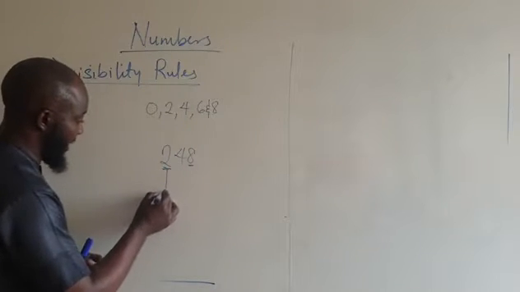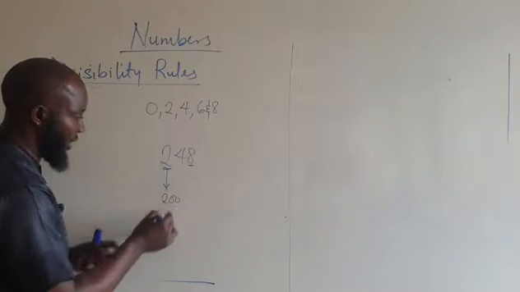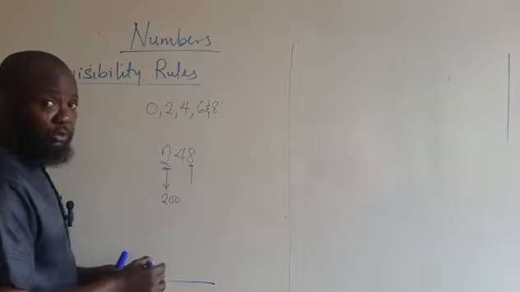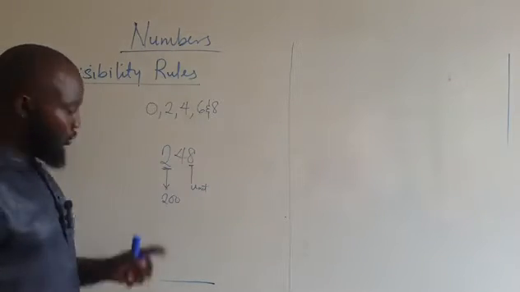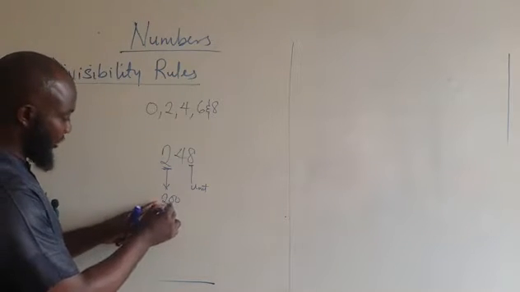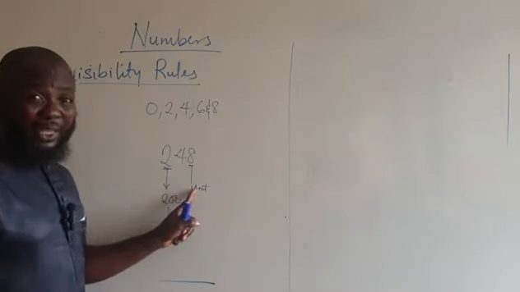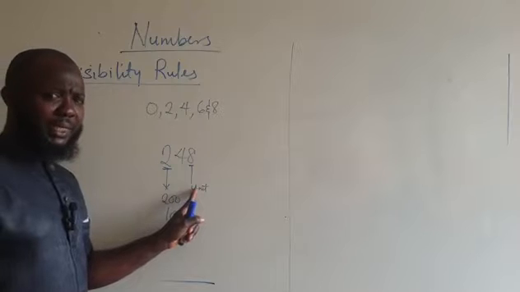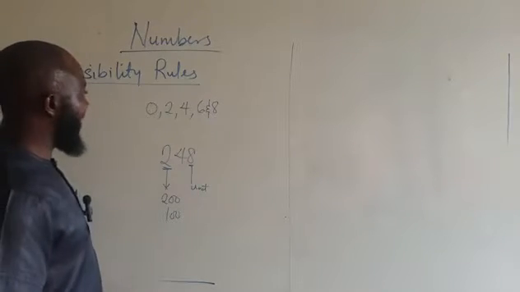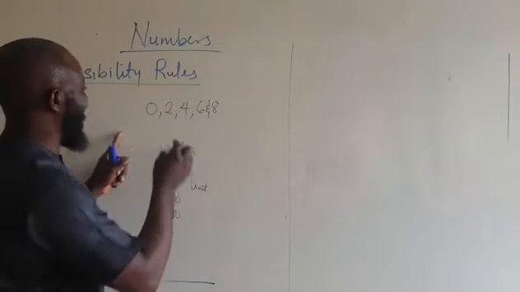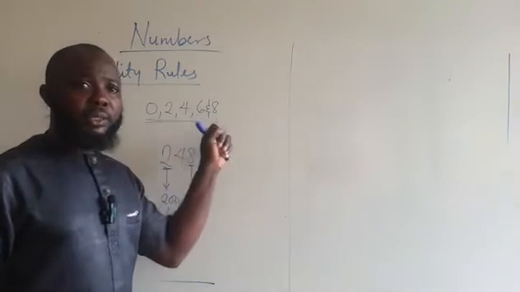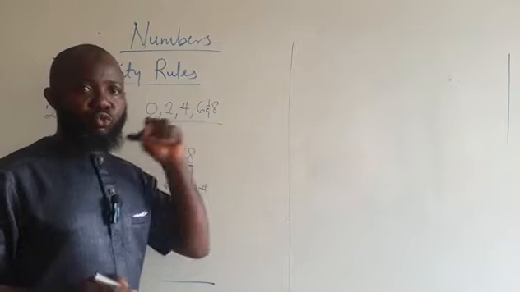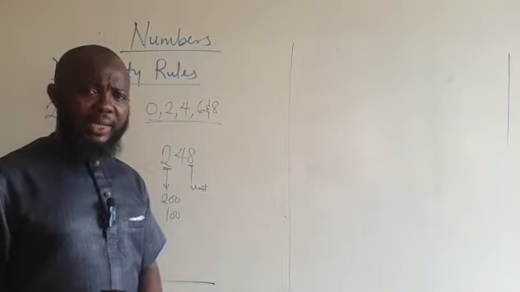So the 2 has the value of what? 200, while the 8 has the value of what? 8, which is units. So this one is the place of hundreds, while this is the place of units. I hope I'm making sense, right? So any number that ends with these digits can be divided by 2. Simple. Hope that is clear.